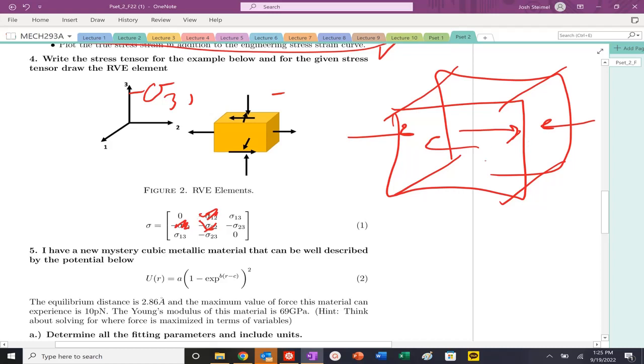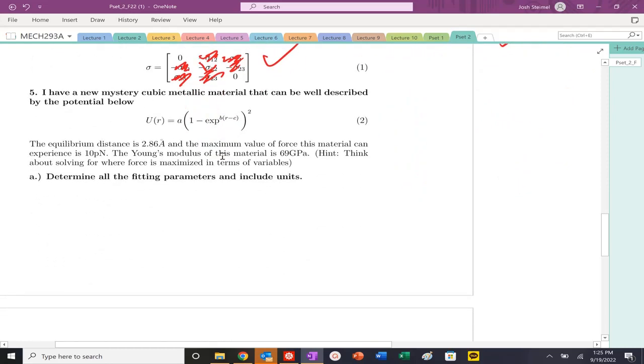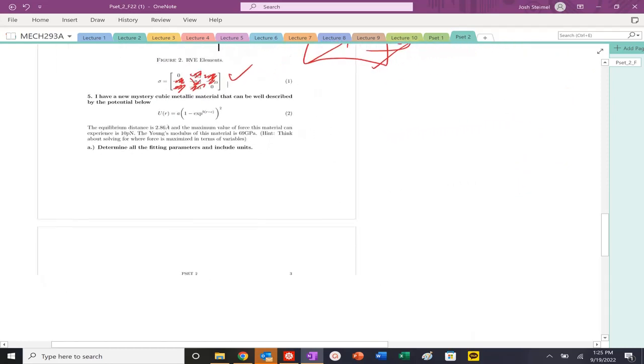So we got that one. What else? Normal in the 1 direction, pointing in the positive 3 direction. Fantastic. And then finally, normal in the 2 direction, pointing in the negative 3 direction. That is my minus sigma 2,3. We got it.